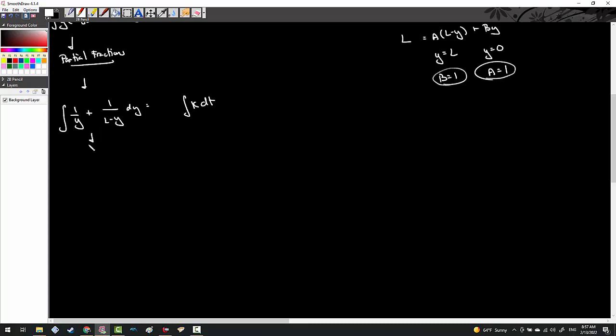So here's where a mistake's going to get made. When I integrate this, of course, I'm going to get ln of absolute value of y. Here's where the mistake's going to get made. I'm going to get ln of L minus y here, of course, but it's got to be subtracted because of the chain rule going on with the L minus y, equals kt plus c. Combine logarithms: ln of absolute value of y over L minus y equals kt plus c.